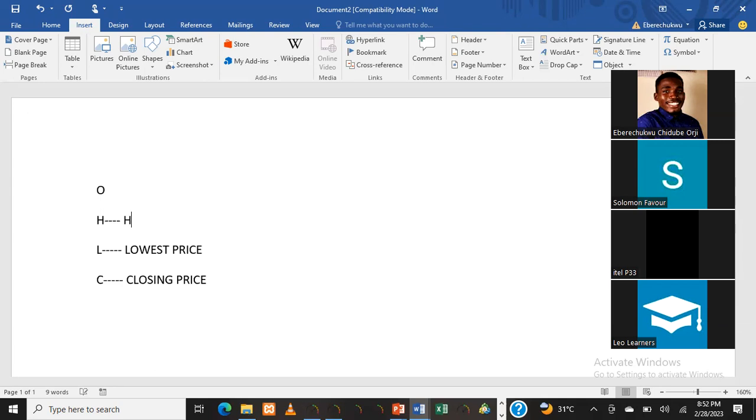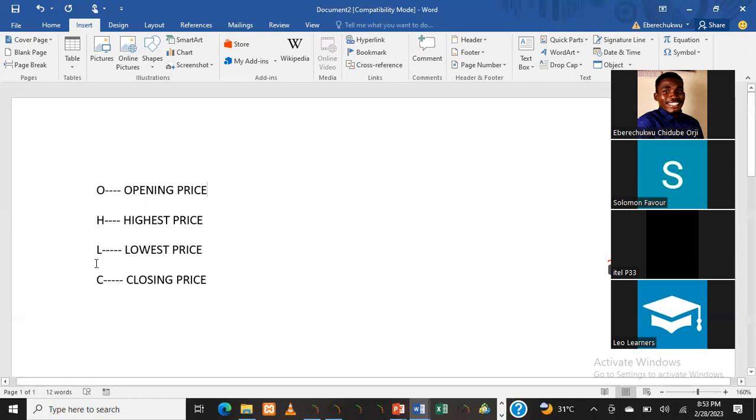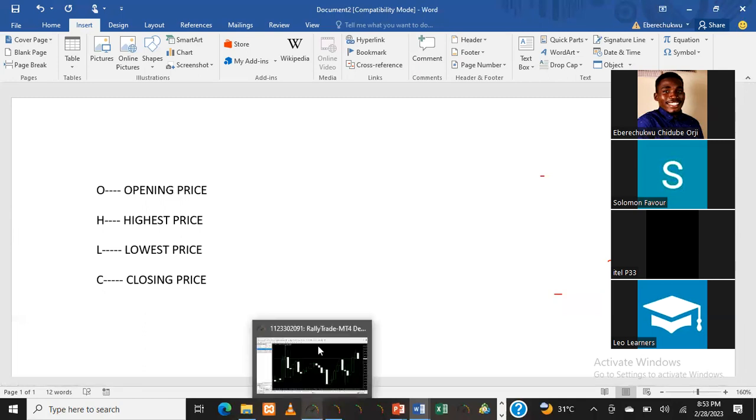We'll have the highest price the market went, and we have the opening price. So for a candle to form, you need OHLC: the opening price, the highest price, the lowest price, and the closing price, in order for you to get a complete candle formation.